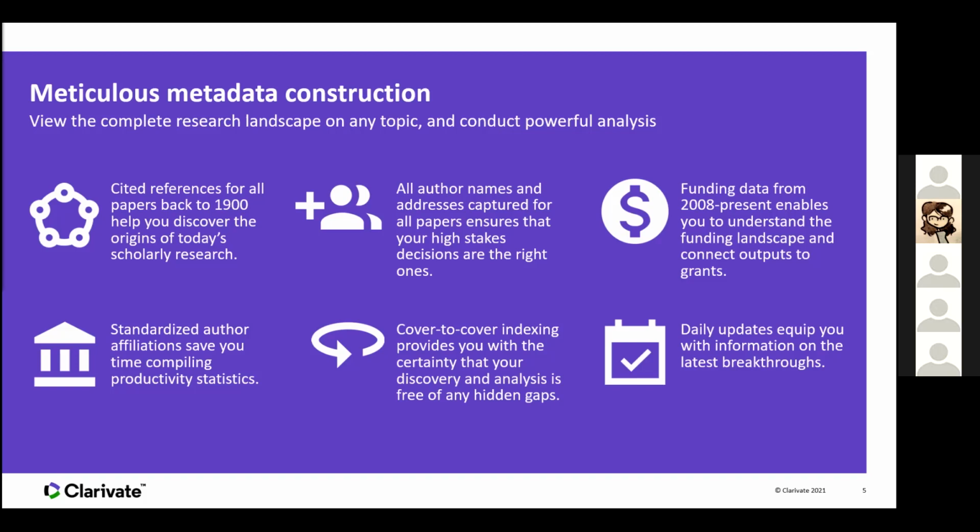And with these author affiliations, we do a lot of work to standardize affiliation names to a parent organization within the data. So you can easily see all of the publications that are authored by faculty and researchers at your institution. So really easy to see the output that's coming from Cornell.